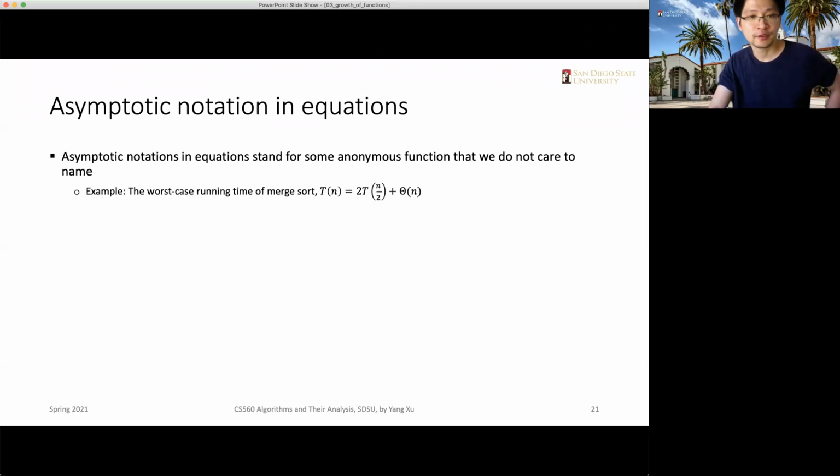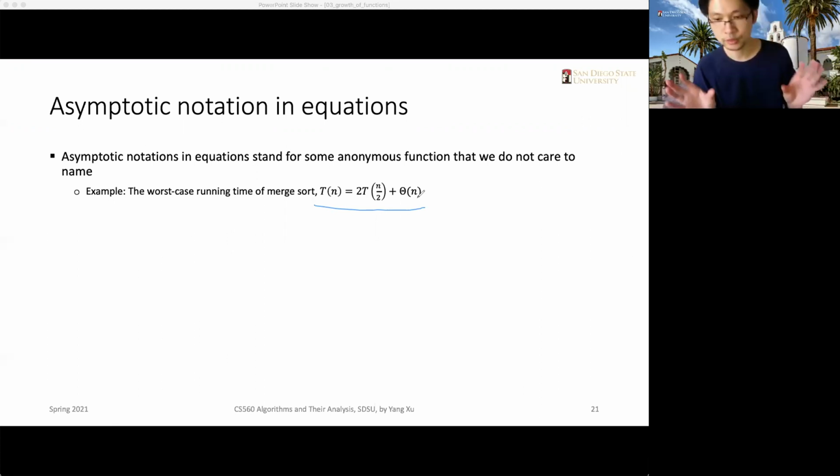For example, we can say that the worst case running time for merge sort can be described by this recurrence, and we know that the cost for dividing the input sequence and the cost to combine the two parts of the sorting result is a linear function.